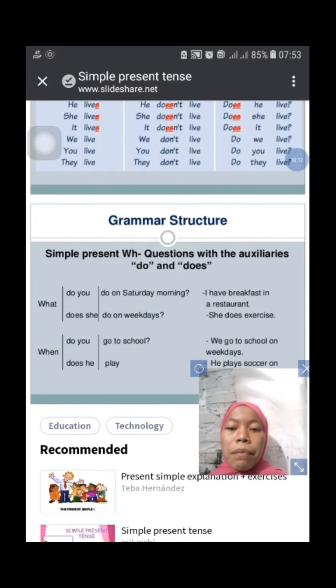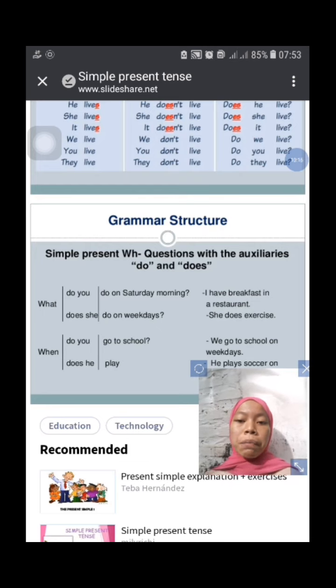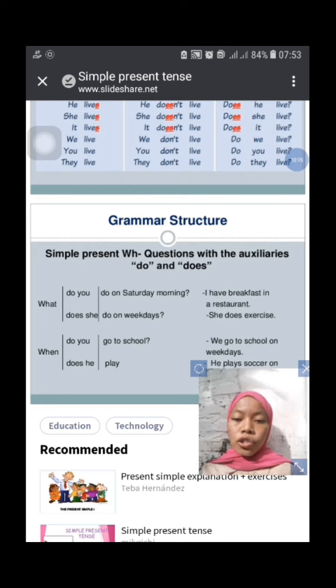Okay, the next grammar structure: simple present WH questions with the auxiliaries do and does. Example: what do you do on Saturday morning? The answer: I have breakfast in a restaurant.